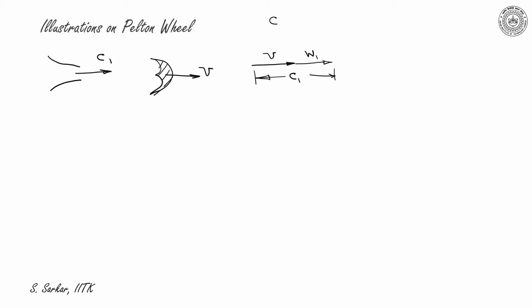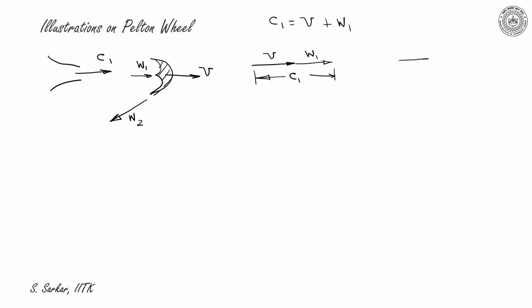Hence I can write at the inlet C1 is U, that is bucket speed, plus W1, the relative velocity of the flow with which it is entering the bucket. W1 is the relative velocity entering the bucket, and W2 will be the exit relative velocity.